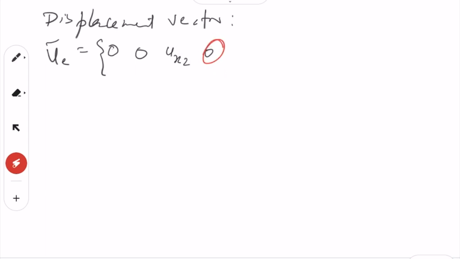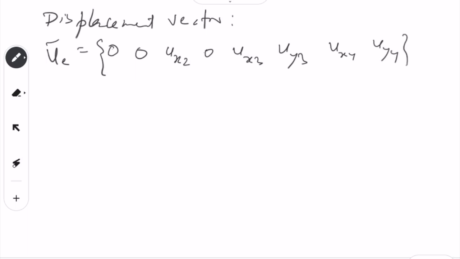So 0, then we have Ux3, Uy3, Ux4, Uy4, transpose of that. So we have this 0 given as an essential boundary condition. So we have that. The rest 5 we have to find out.